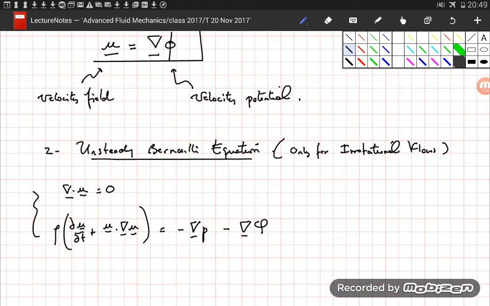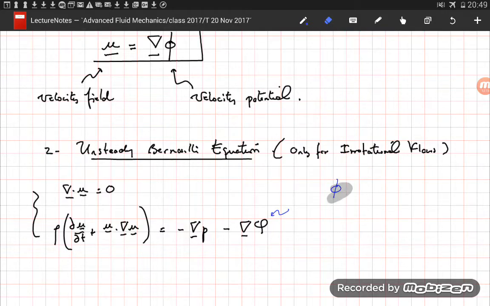And we're assuming that the body force is conservative. This phi here will be our force potential, and this other phi here will be our velocity potential. So be careful: this phi is our force potential.